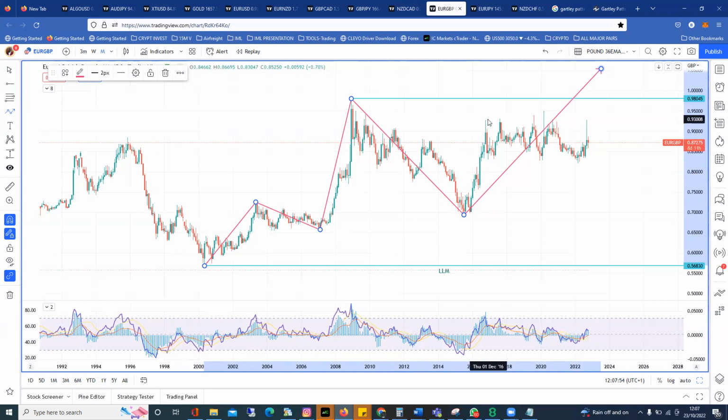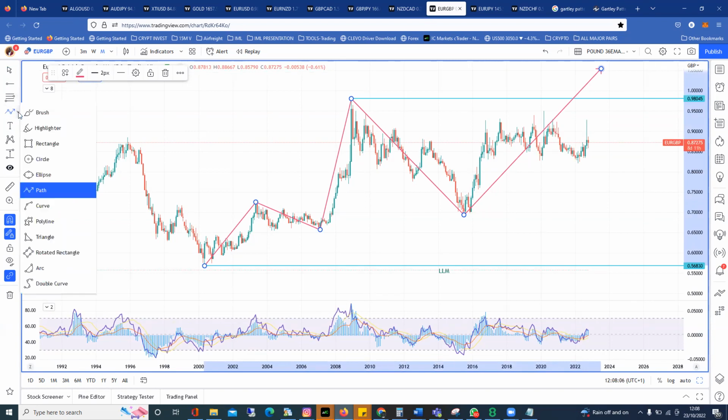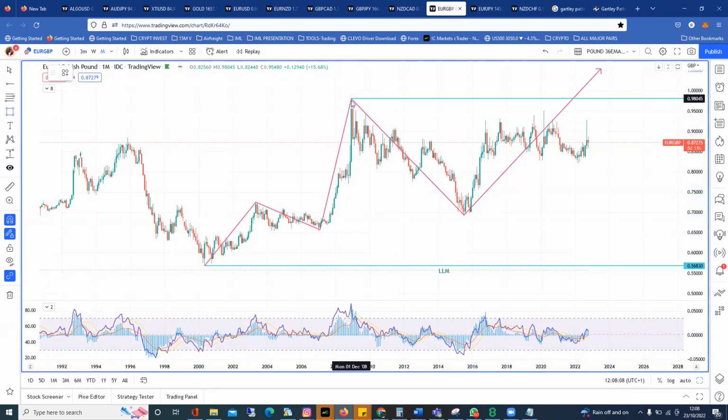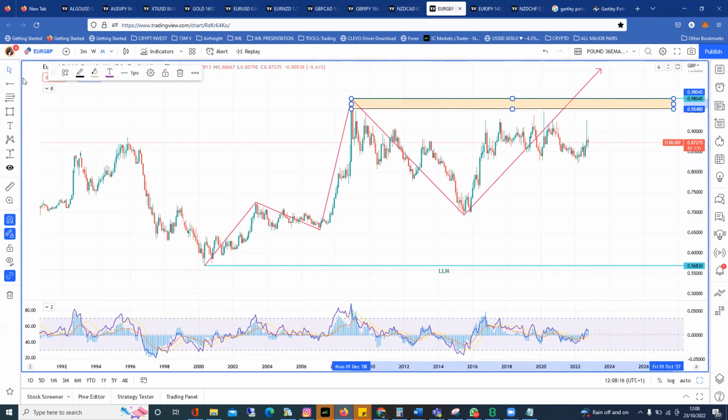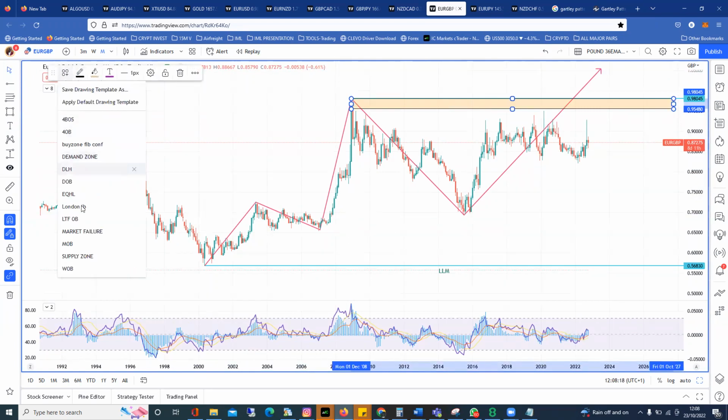And then we start to move back up, and we break this structure, break that structure, break that structure up again, and then we come to a level over here where we're seeing this massive consolidation. So on monthly, if we have a key order block acting as a barrier for price, it's probably going to be somewhere around there, which is where the institutions sold off the last time.